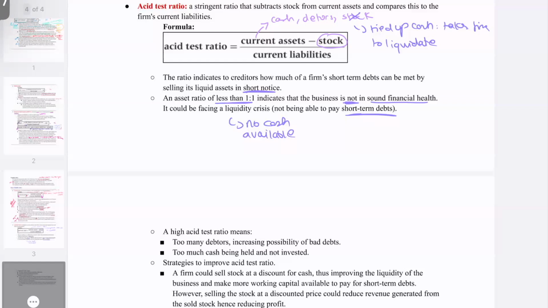A high acid test ratio means too many debtors, so an increased possibility of bad debts. Bad debts, like I previously mentioned, are debts that are not paid. It could also mean too much cash being held and not invested, so a lack of investment. This money can be used instead in research and development, or invested in expanding.